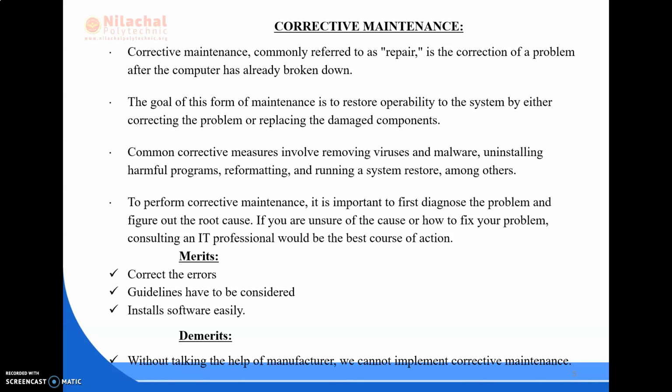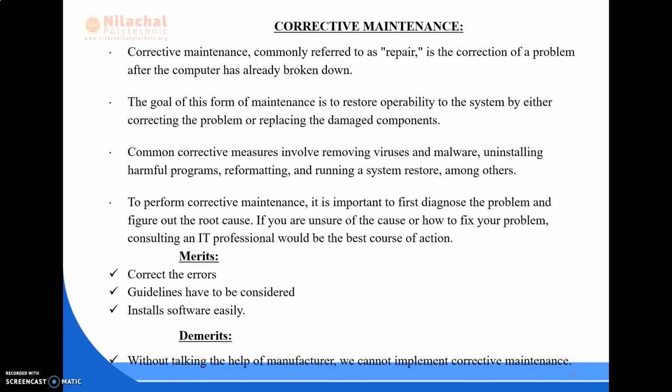To perform corrective maintenance, it is important to first diagnose the problem and figure out the root cause of the problem. If you are unsure of the cause or how to fix your problem, consulting an IT professional would be the best course of action.